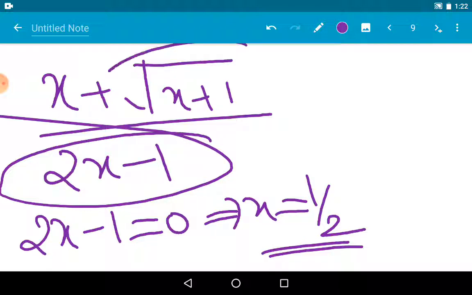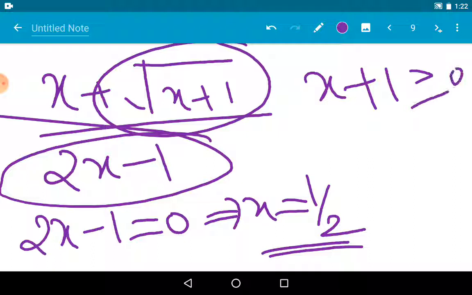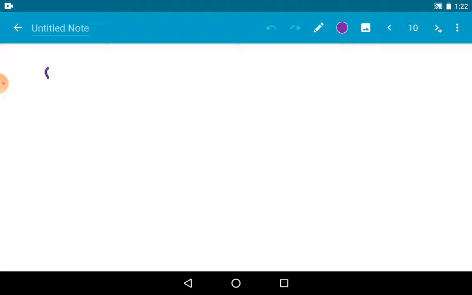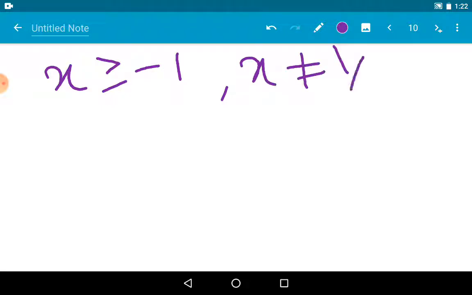Look at here, this is root x plus 1. The value inside the root must be greater than or equal to 0. So x plus 1 should be greater than or equal to 0, that is x greater than or equal to minus 1. So the domain must satisfy the condition x greater than or equal to minus 1 and x should not be equal to 1 by 2.